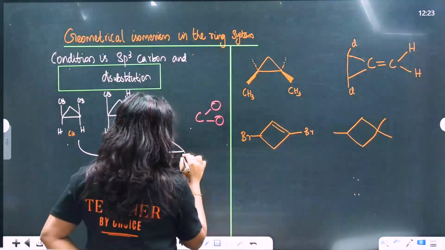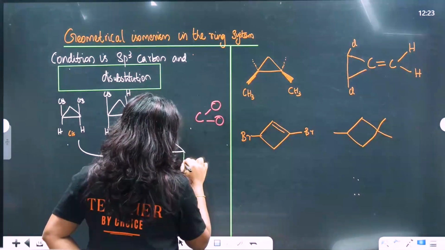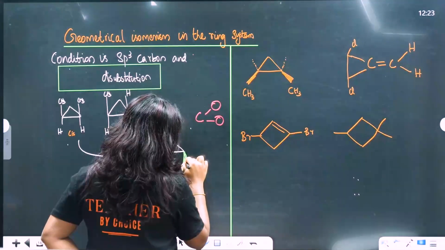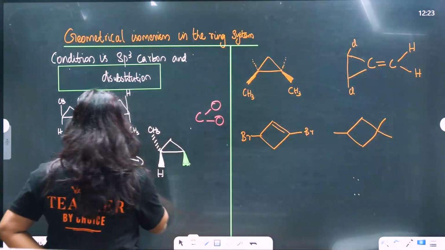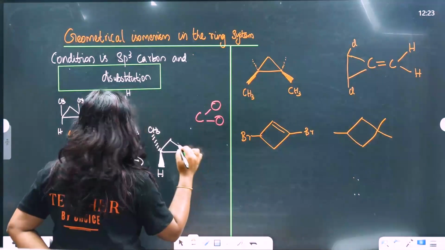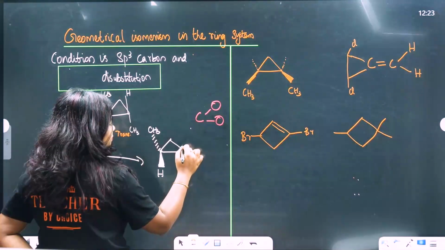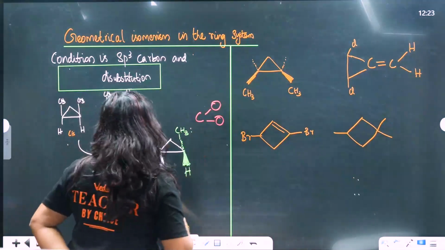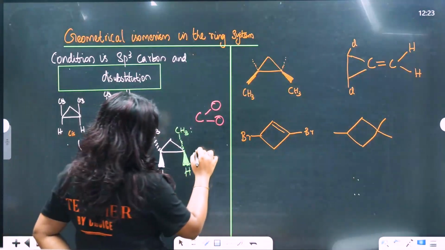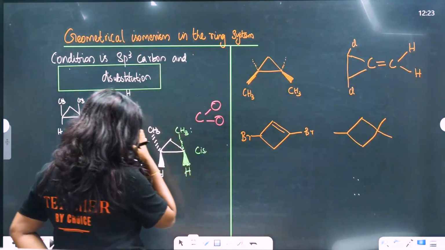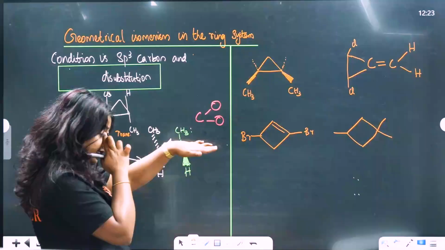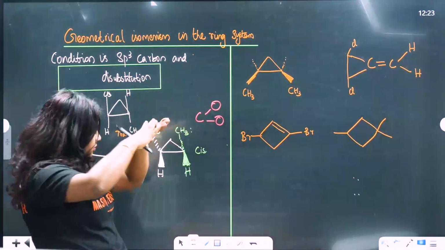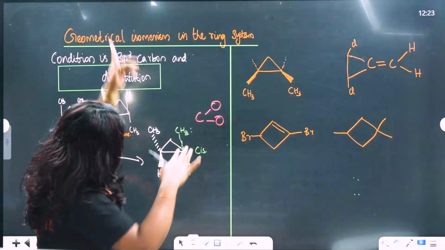Now inga idhu hydrogen ah irukum, idhu CH3 ah irukum. This is something which is in the cis. This particular one is actually in the plane, and that particular bond is looking towards you, and CH3 is looking away from you.